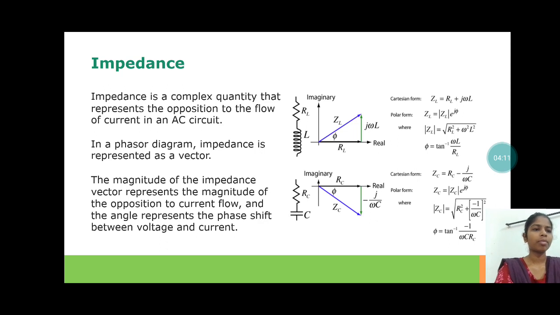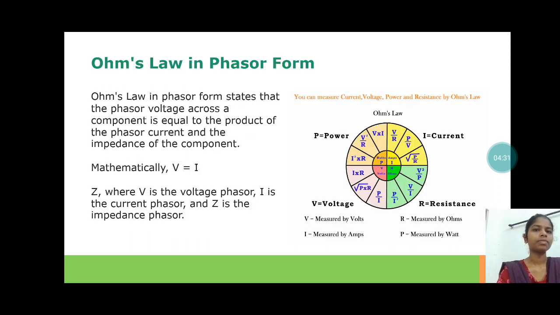ZC equals RC minus j by omega C. ZC equals modulus of ZC e power j phi. Modulus of ZC equals root of RC square plus minus 1 by omega C whole square. Phi equals tan inverse of minus 1 by omega C RC.